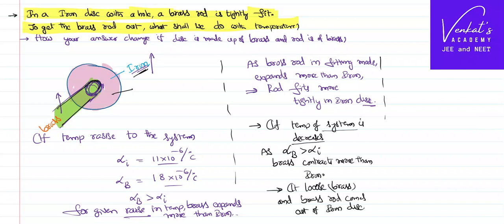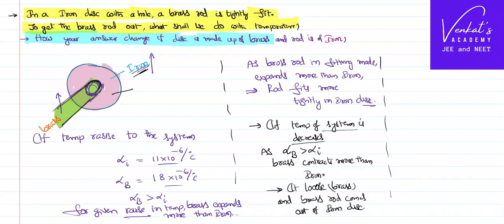But anyway, just for an understanding, the problem is expanded a little more. However, the answer will change if the disc is made up of brass and the rod is made up of iron. Just reverse to the earlier case.